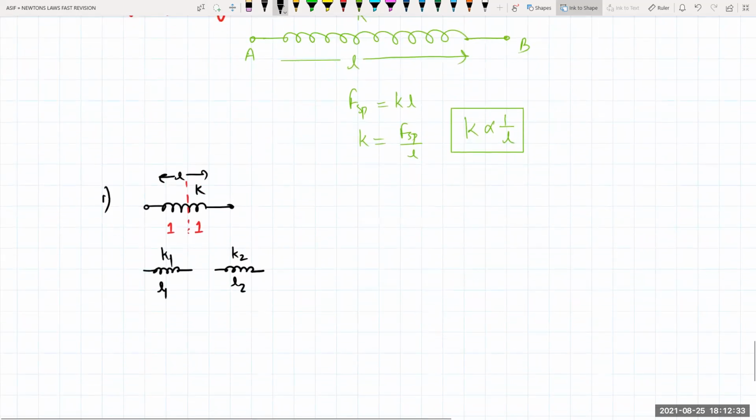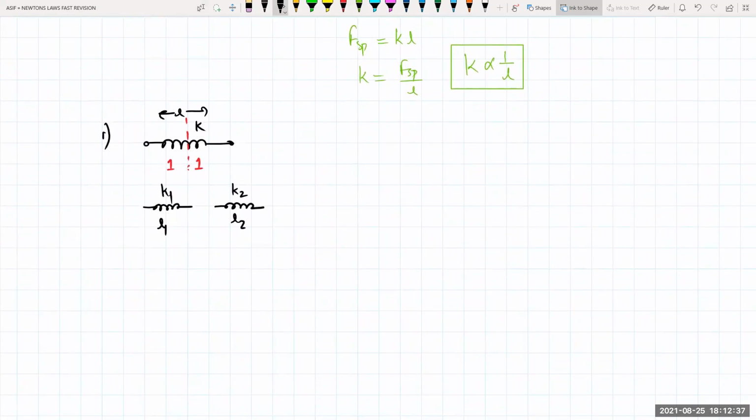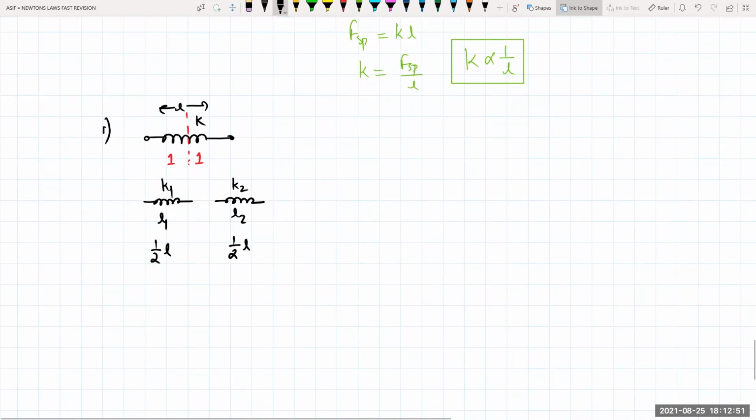So how do you write this one? L is exactly half of that one, isn't it? So this one is half of your L, and this one is also half of your L, the L2 value. So the spring constant will become how much at that time?